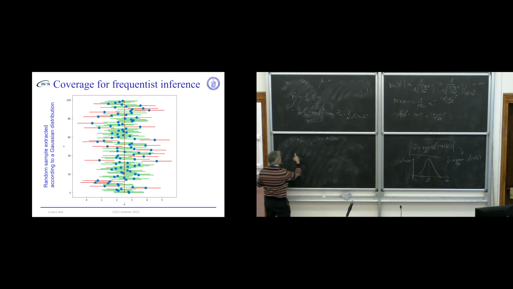You can multiply the two and put the denominator in the exponential in common, and you end up with something which is x minus mu x squared plus y minus mu y squared divided by 2 sigma y squared, okay?